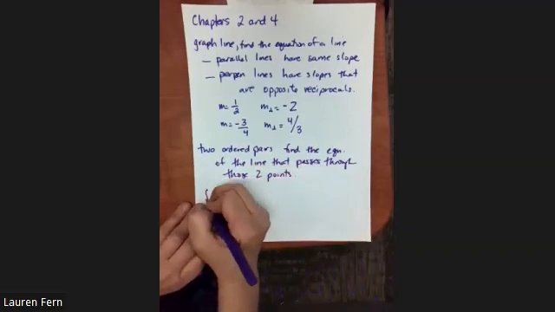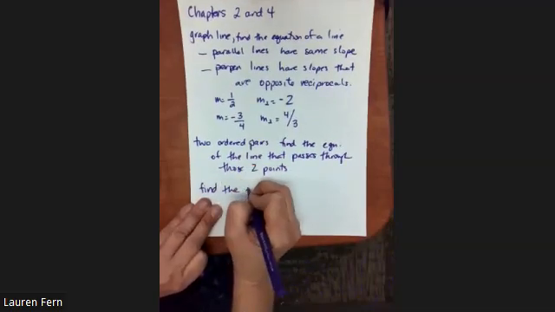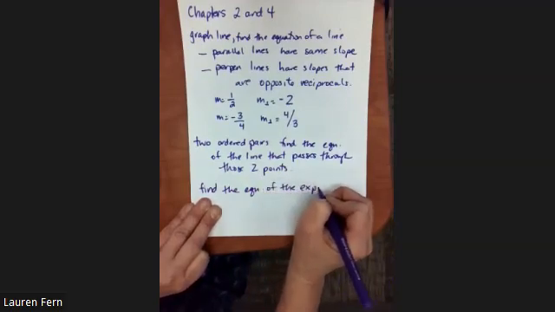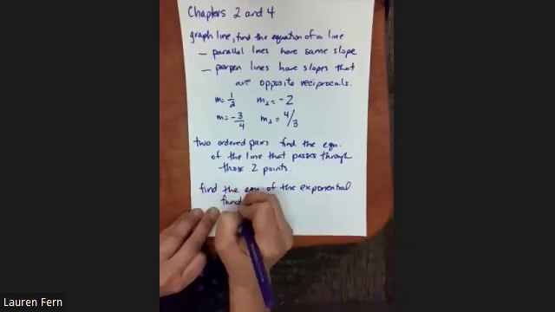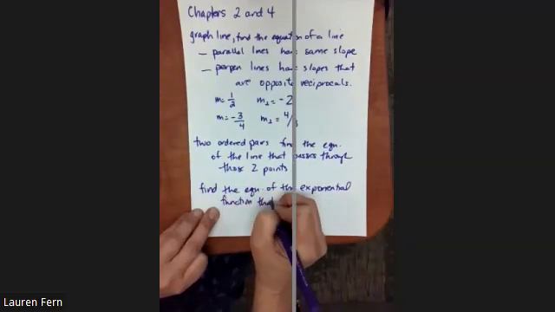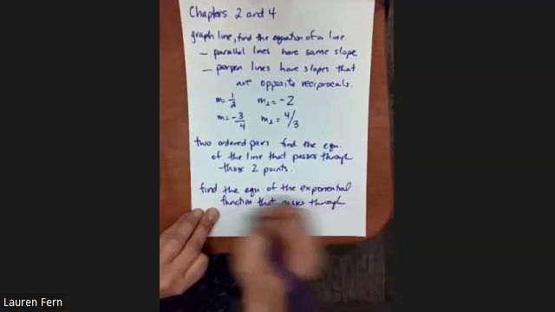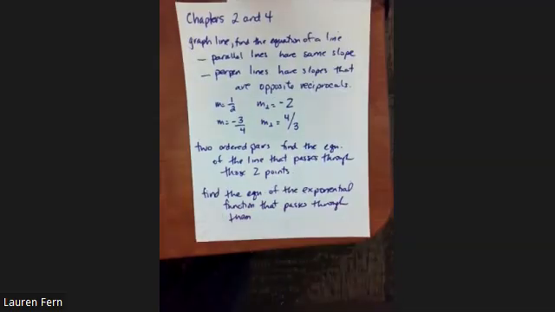And I'm also then, with the same ordered pairs, going to ask you to find the equation of the exponential function that passes through. Y'all with me this far?